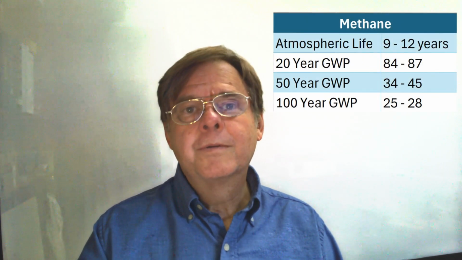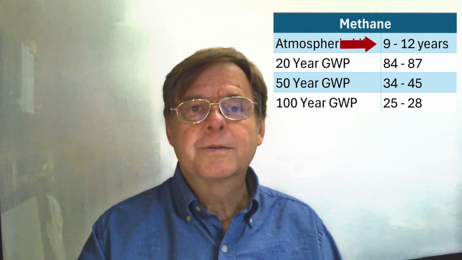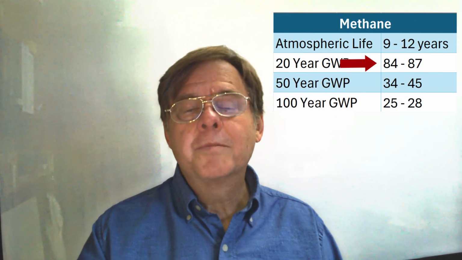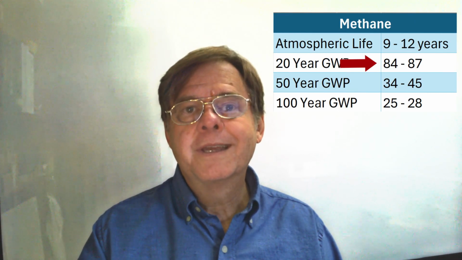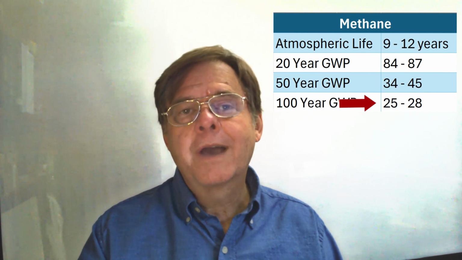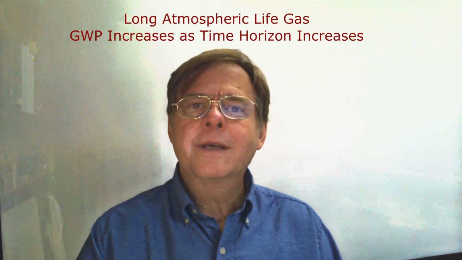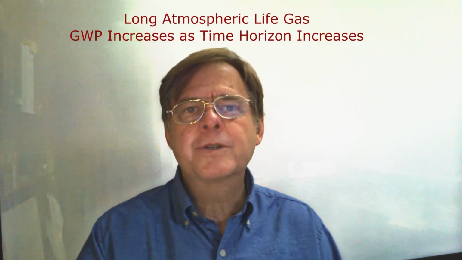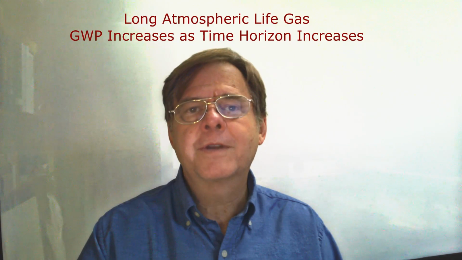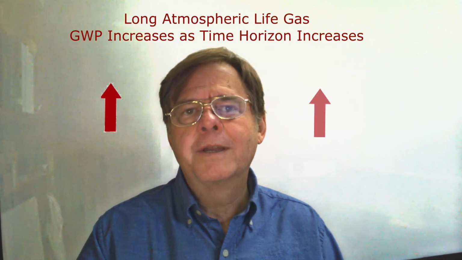For example, the atmospheric lifetime of methane is around 12 years. The 20-year GWP calculation for methane is around 80, while the 100-year calculation for methane drops to around 30. On the other hand, calculations for gases with long atmospheric lifetimes tend to increase as the timeline increases.